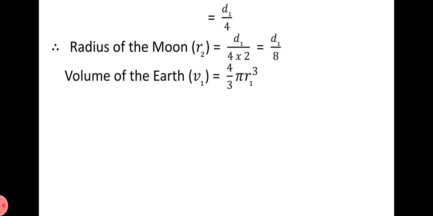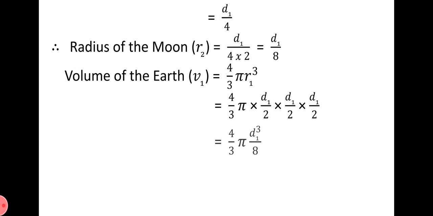Now volume of the earth v1 equal to 4 upon 3 pi r1 cube, that is equal to 4 upon 3 pi into d1 upon 2 into d1 upon 2 into d1 upon 2, that is equal to 4 upon 3 pi d1 cube upon 8, because 2 into 2 is 4, and 4 into 2 equal to 8.